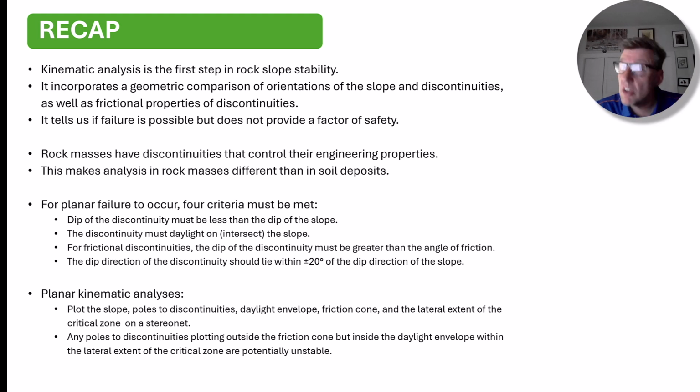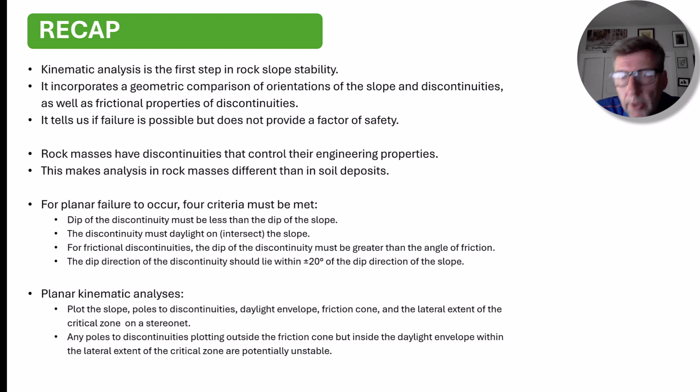We need some other technique to give us our factor of safety. We can do some kind of limit equilibrium or some numerical analysis for that. Rock masses have discontinuities that control their engineering properties, and this makes analysis in rock masses different from that in soil deposits. For planar failure to occur, all 4 criteria must be met.